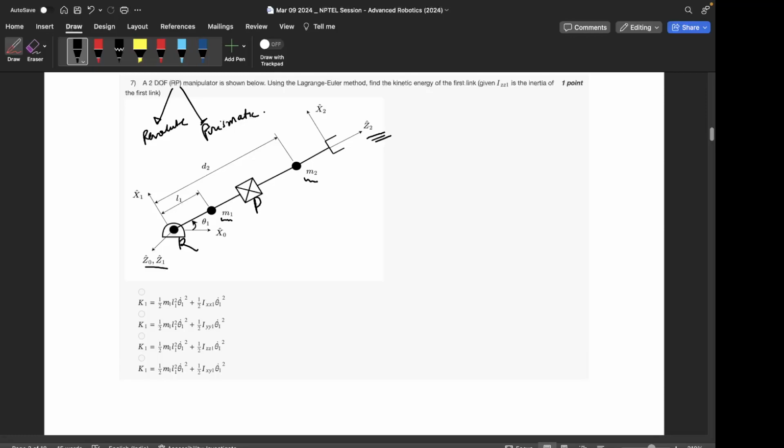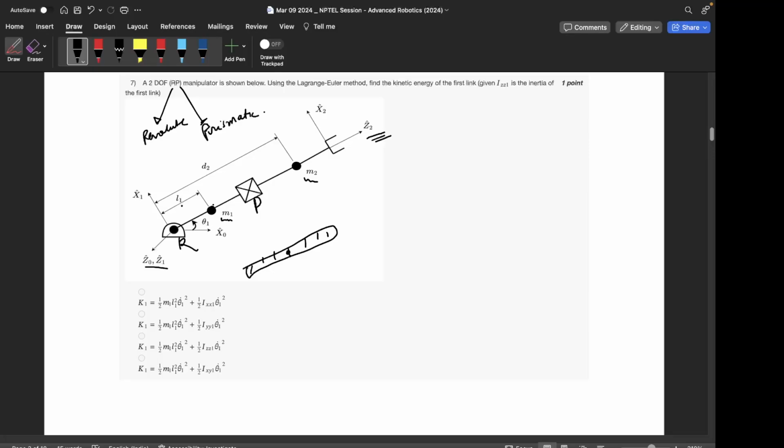Again, m2, this is also a simplification, an assumption, right? Because in reality, for practical bodies, the mass is distributed, so the mass distribution or the inertia is not as simple as this.